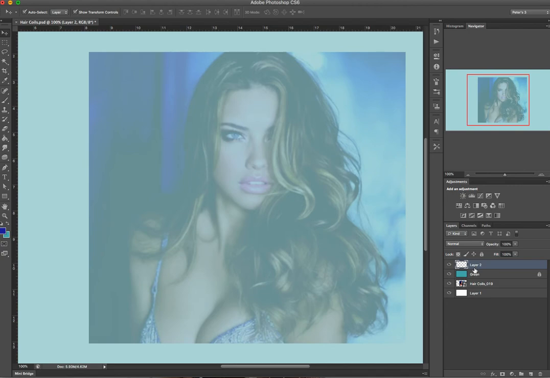Now in here we have again hair coil. Again, another hair coil coming down.